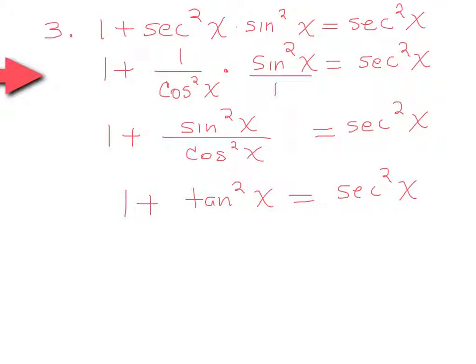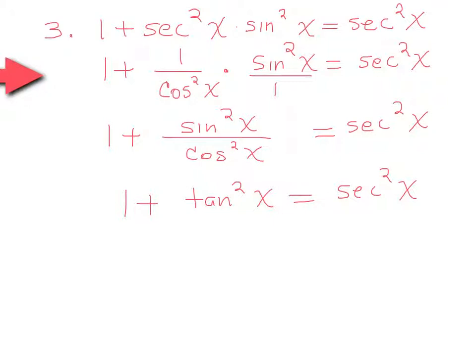So here, I rewrite the secant as 1 over cosine squared theta. I multiply, I got sine over cosine, and that is tangent. And if you look at the formulas that you have, the identities, if you look at that, 1 plus tangent squared of x, is that equal to secant squared of x?